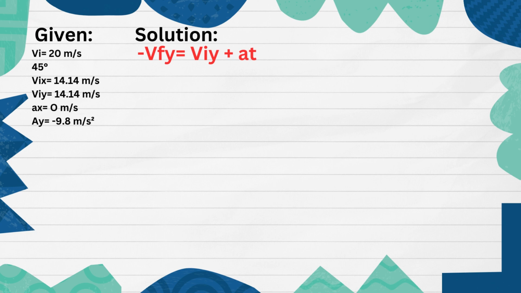First is negative VFY is equal to VIY plus A multiplied by T. Then substitute the given. Negative 14.14 m/s is equal to 14.14 m/s plus negative 9.8 m/s squared times time.